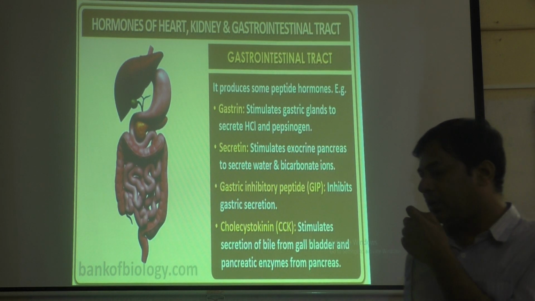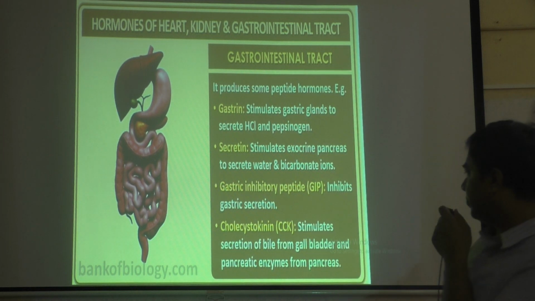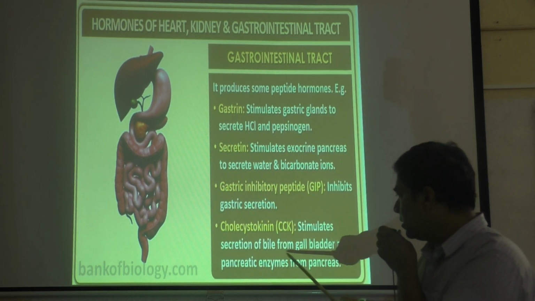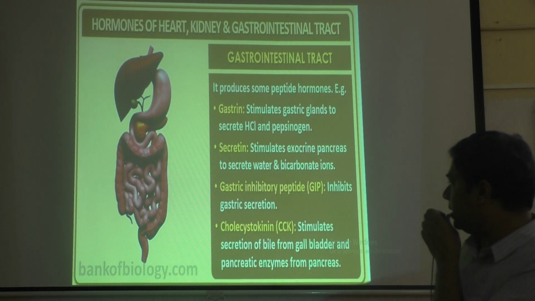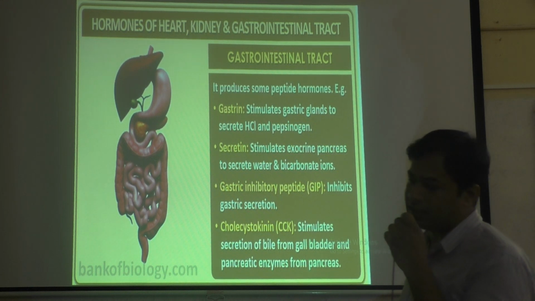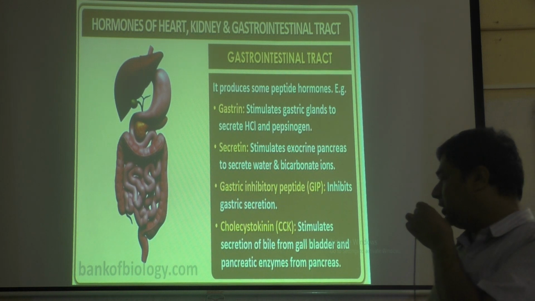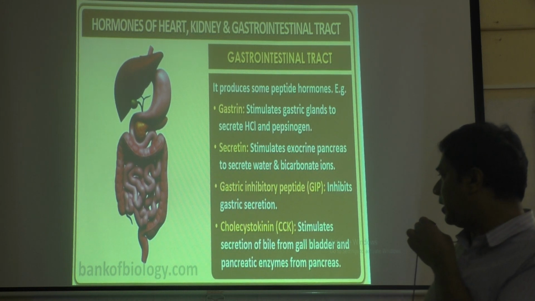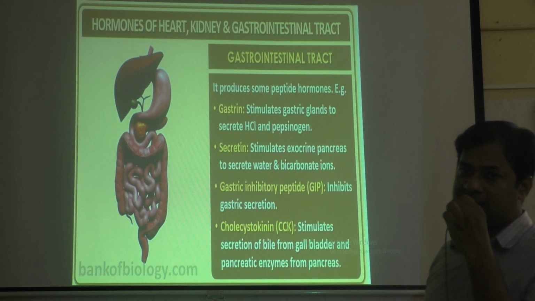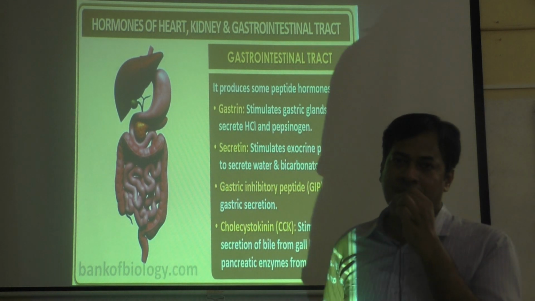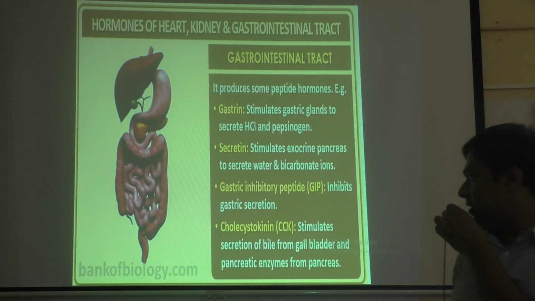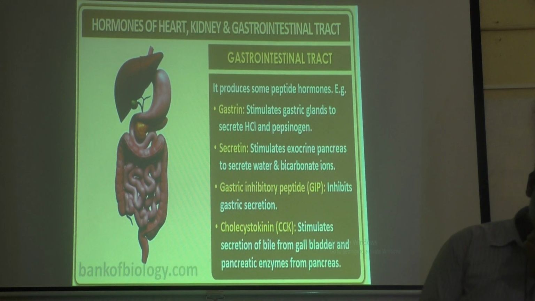So cholecystokinin hormone is required for gallbladder to secrete bile and for pancreatic enzymes from pancreas. If bile juice is released by the gallbladder and pancreas produces pancreatic enzymes, then this hormone is required. That is cholecystokinin hormone.